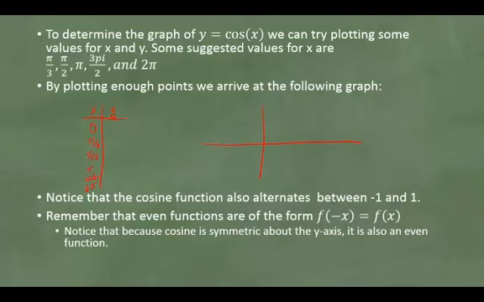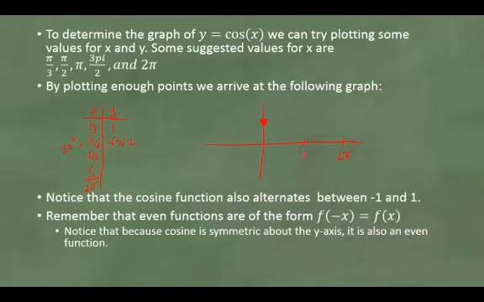Cosine of 0 was 1. Cosine of pi over 6, remember, that's 30 degrees, so that was the same as sine of 60 degrees. Sine of 60 was square root of 3 over 2.